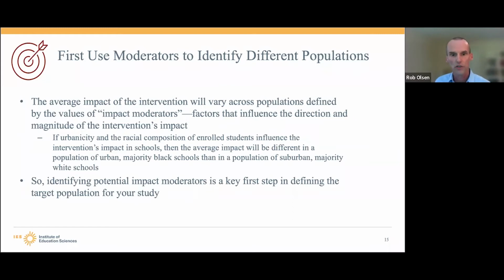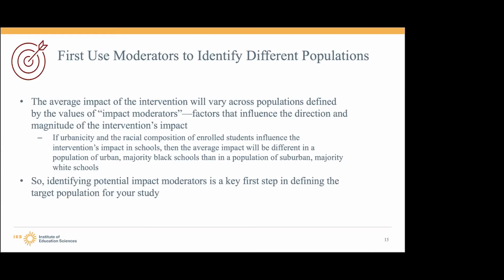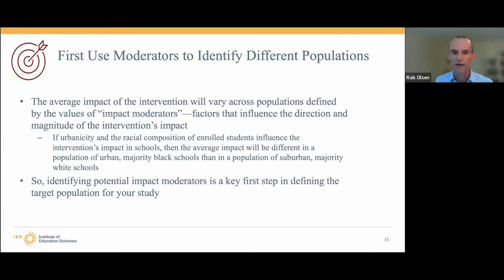So how should researchers go about selecting a target population? As a first step, we encourage researchers to identify variables known as impact moderators, factors that influence the direction and magnitude of the intervention's effects, and to use them to identify possible target populations for your study. The average impact of the intervention will vary across populations defined by the values of these variables.